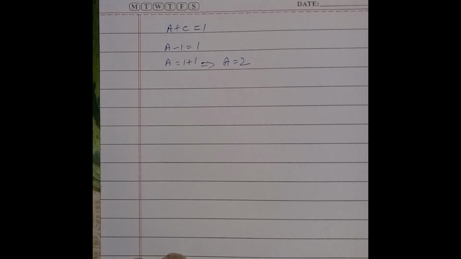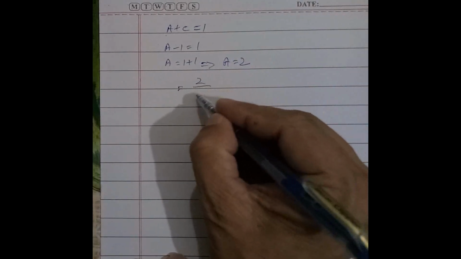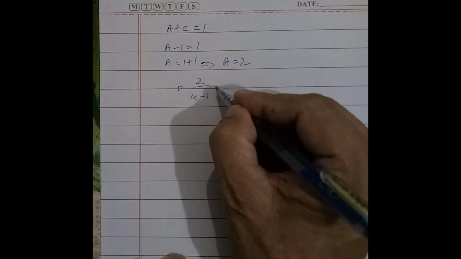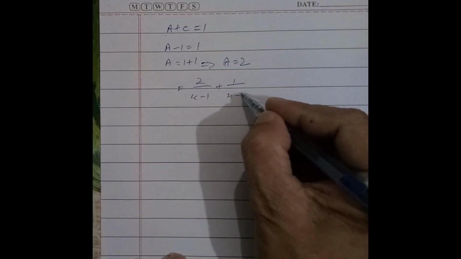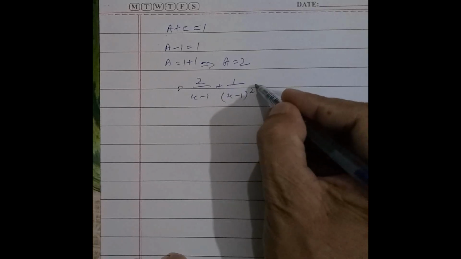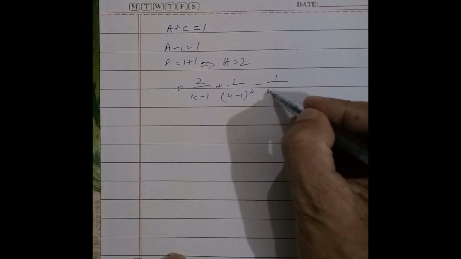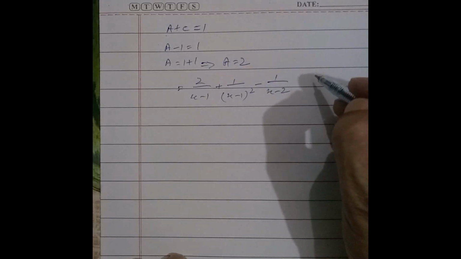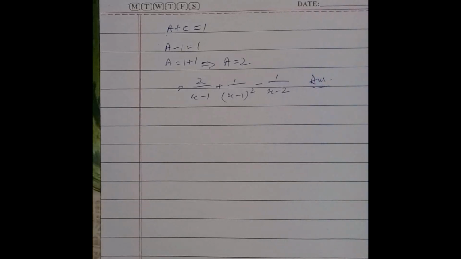Putting these values in the equation, we get a is equal to 2, 2 over x minus 1, b is equal to 1, 1 over x minus 1 whole square, and c is equal to minus 1, minus 1 over x minus 2. This is the answer of this question 1.